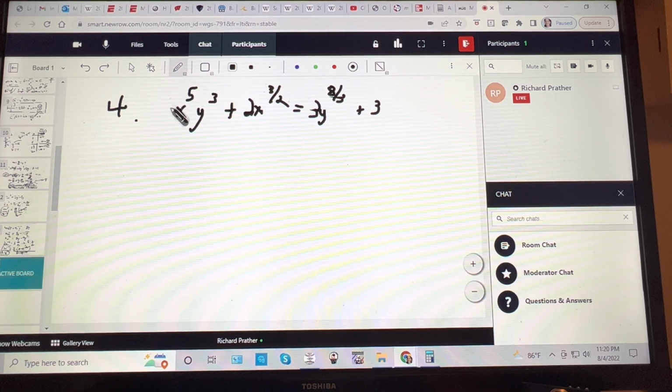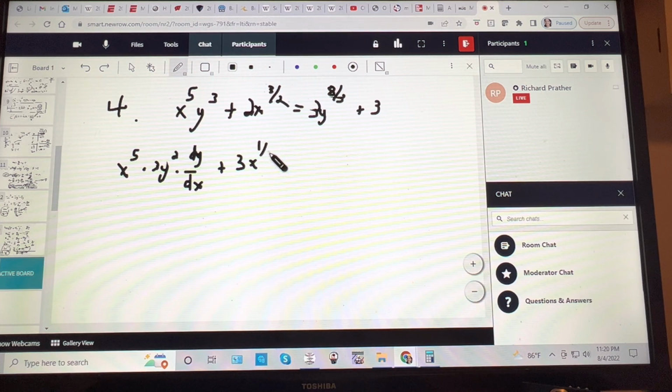So do your product rule here. First, times the derivative of the second, start off with the power rule, 3y squared, but because it's a y, then you need a dy over dx attached to it. Even though this is fractional, it's kind of nice because 2 times 3 halves, the 2's cancel. So that would be 3x to the 3 halves minus 1 is 1 half.